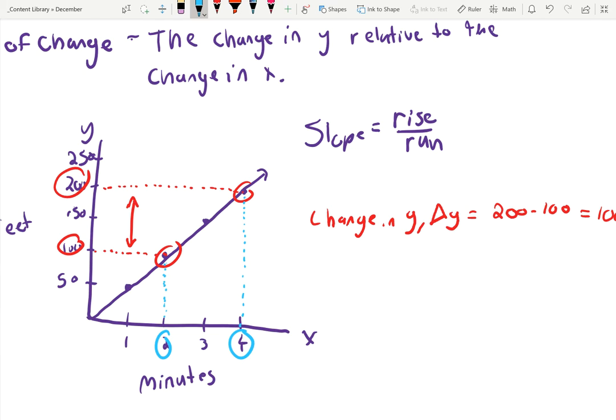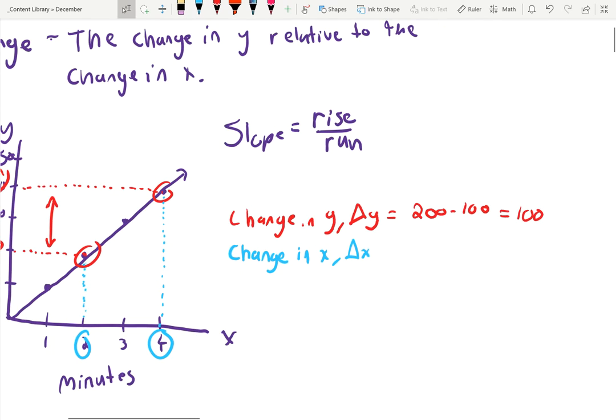So when I talk about change in x, or delta x, I'm talking about the change from 4 minutes to 2 minutes. The difference between 4 minutes and 2 minutes is just taking the difference between 4 and 2. 4 minus 2 is 2.